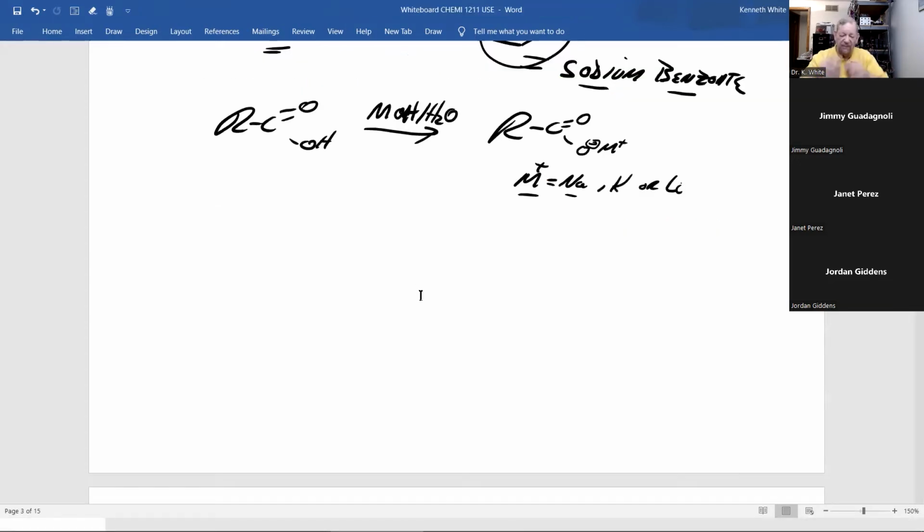Now, skip the mechanism, but the general reaction you could know. Mechanism is what's happening step by step.